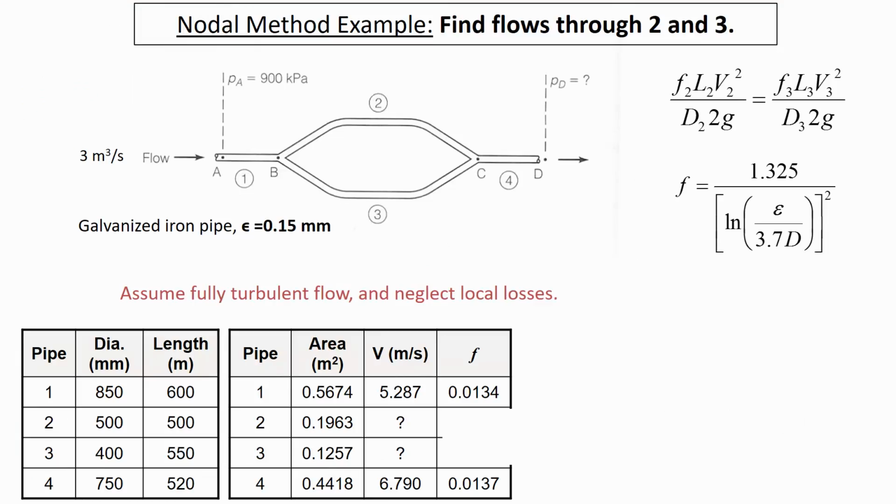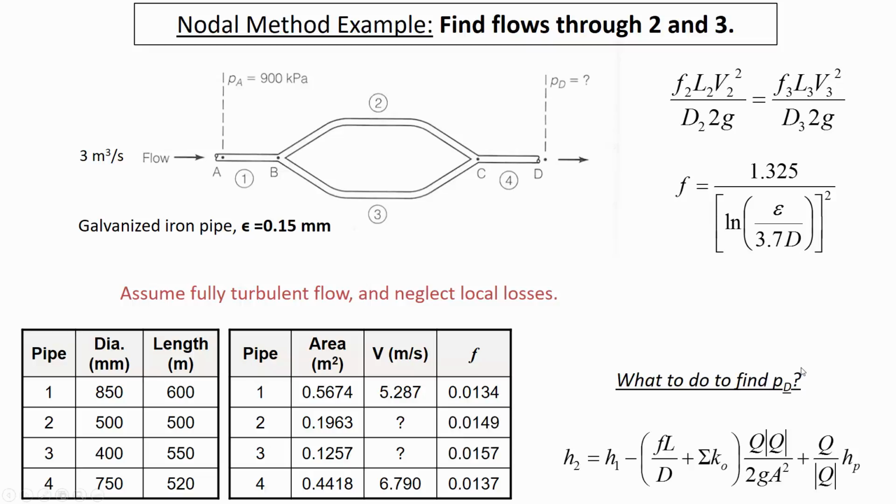But problems like this sometimes ask, how do you find the pressure at D? See this drawing here? It's saying if we gave you the pressure at A, what's the pressure at D? And we're not going to do all those calculations in our remaining 11 minutes, but I'll explain it to you.